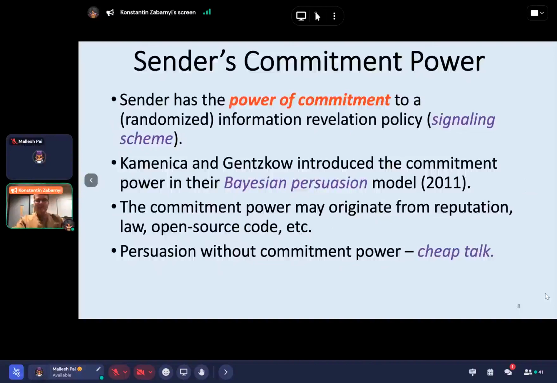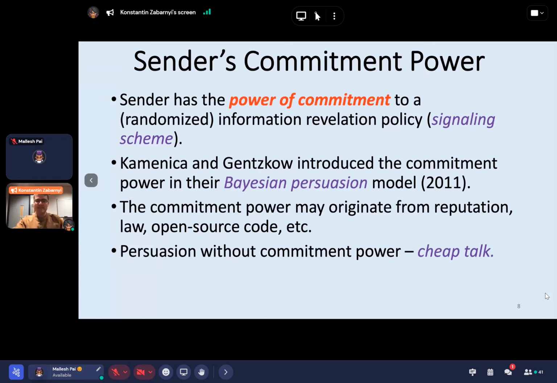The setting of Bayesian persuasion is based on the assumption that the sender has commitment power, which means that the sender can commit to a randomized information revelation policy about the state, which we call a signaling scheme. This commitment power assumption was introduced by Kamenica and Gentzkow in their celebrated 2011 paper called Bayesian Persuasion.